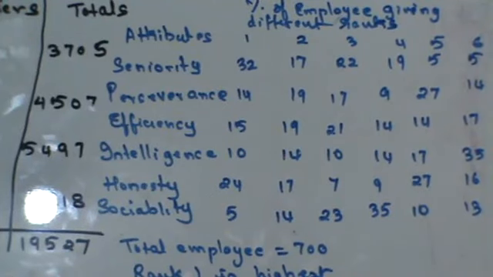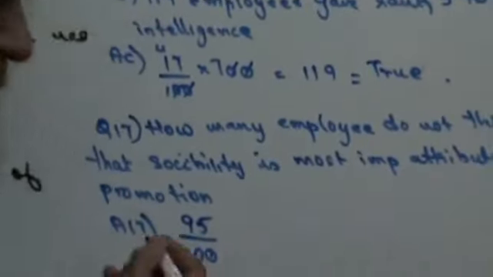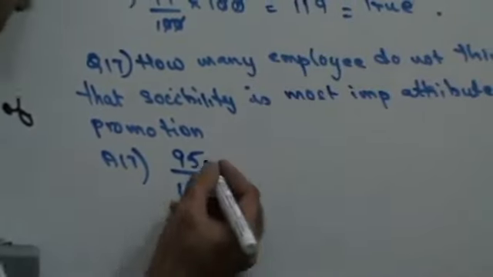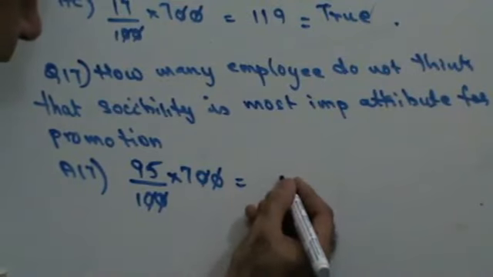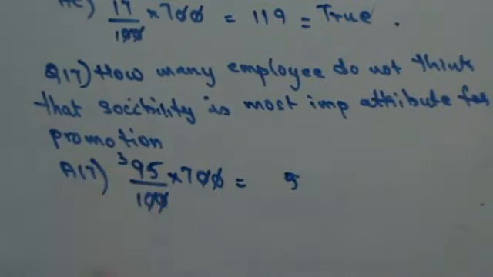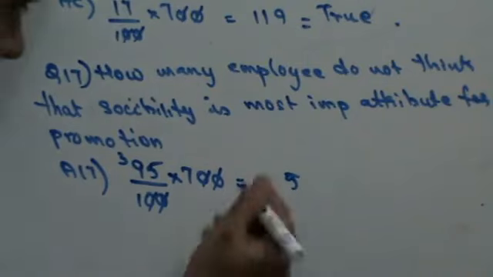If 5% think that sociability is the most important attribute, then 95% think that sociability is not the most important attribute. 95% of 700 is 665.